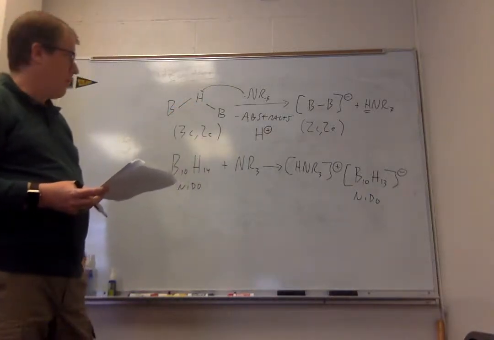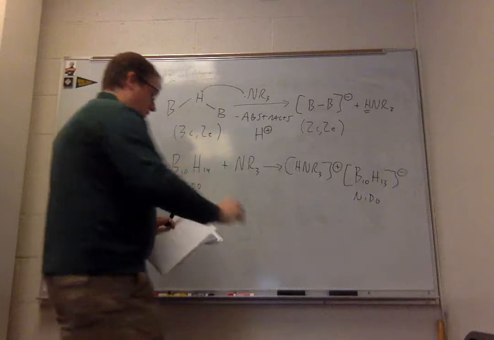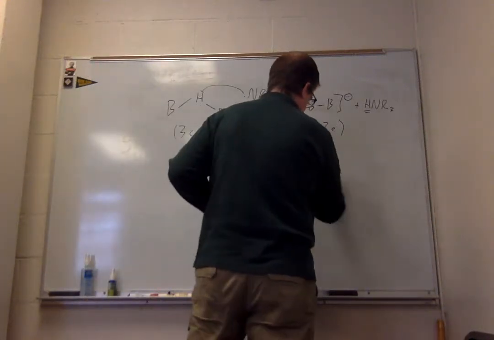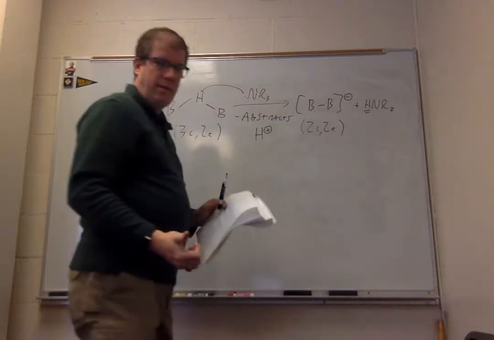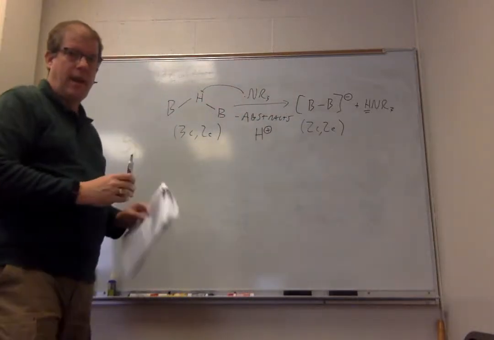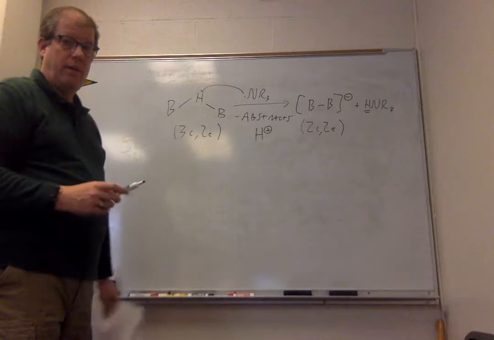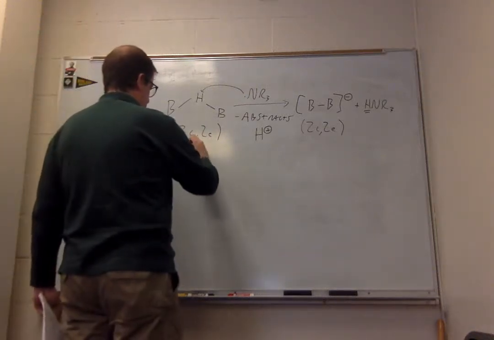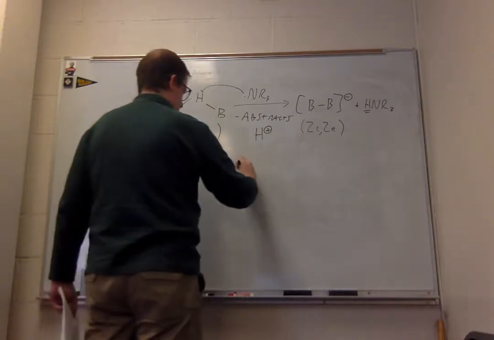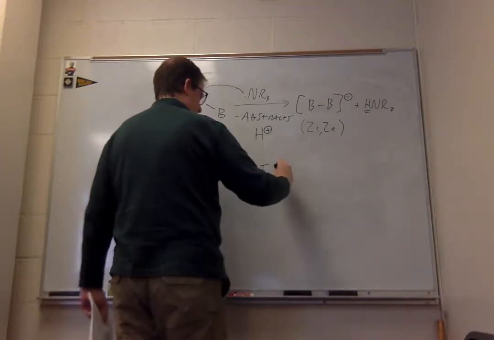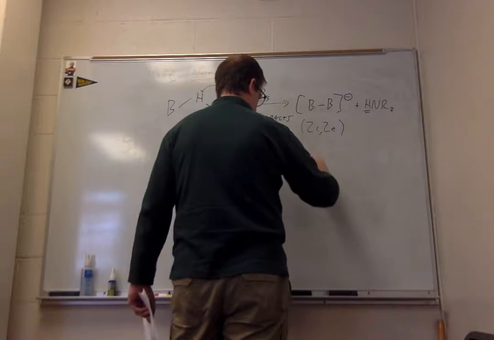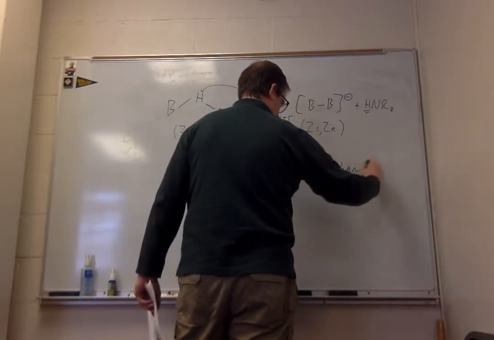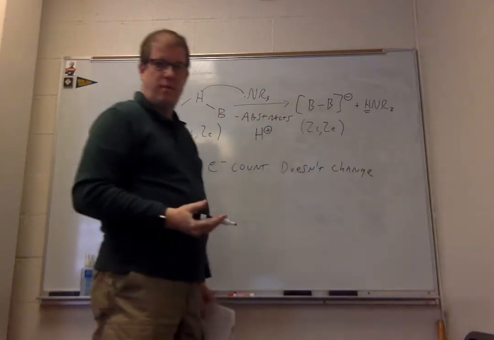So if you consider what's going on with that, why does the structure not change? Well, remember, it's the number of vertices, the number of boron atoms, and the total electron count that determines the structure. So in this reaction right here, the electron count doesn't change.